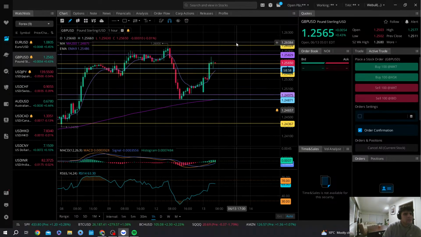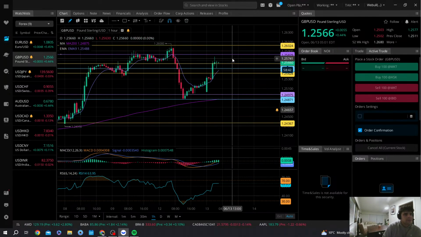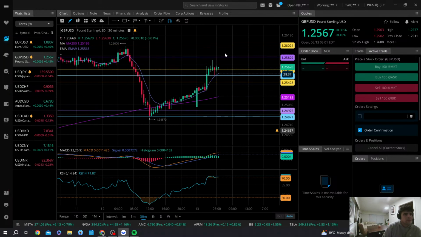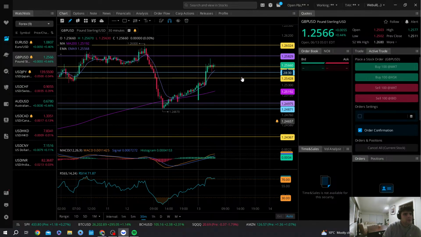I don't see anything here worth taking, to be honest. No high quality setups in my eyes, but every trade is different. Everyone sees value in different ways, and there's some that would most likely see something going on here, but I personally wouldn't be taking anything.